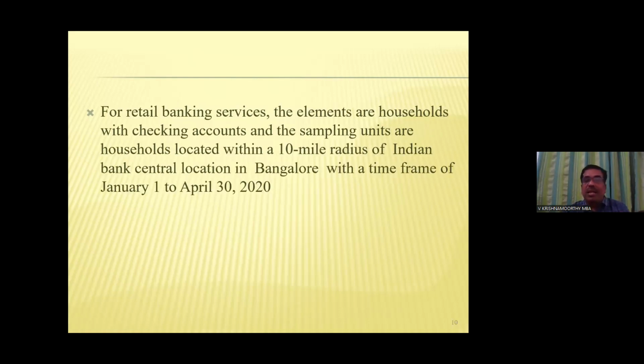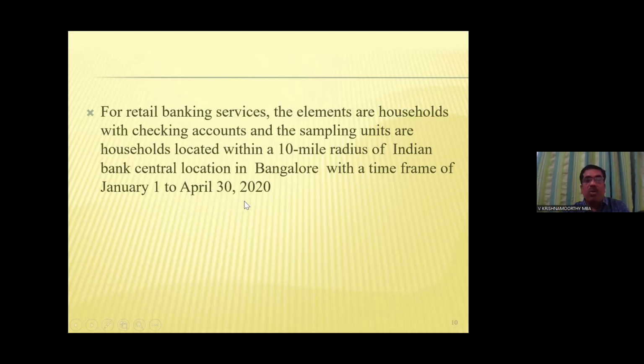Similarly, let's take retail banking. You are all aware of retail banking. We are talking about retail banking and wholesale banking. Retail banking provides services to the retail customer, that is, the household. So here, who is said to be the sampling unit? The elements are households with checking accounts, and the sampling units are households located within a 10-mile radius of Indian Bank's central location in Bangalore, with a time frame of January 1 to April 30, 2020.